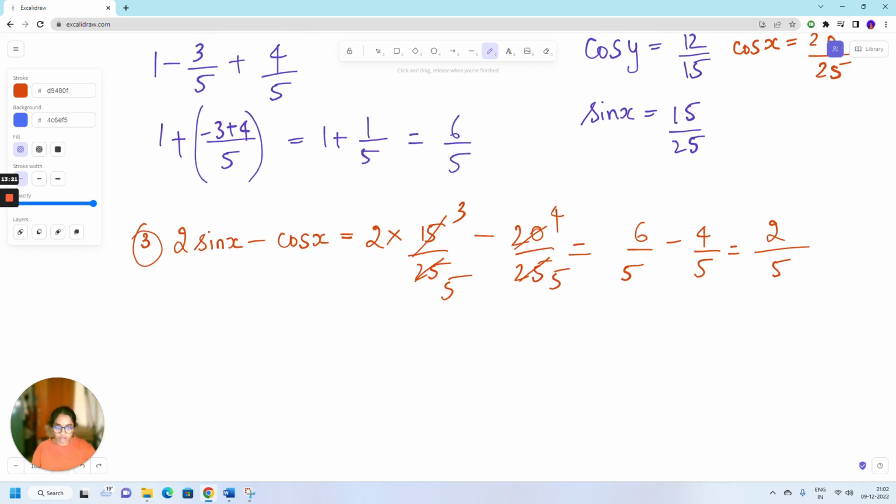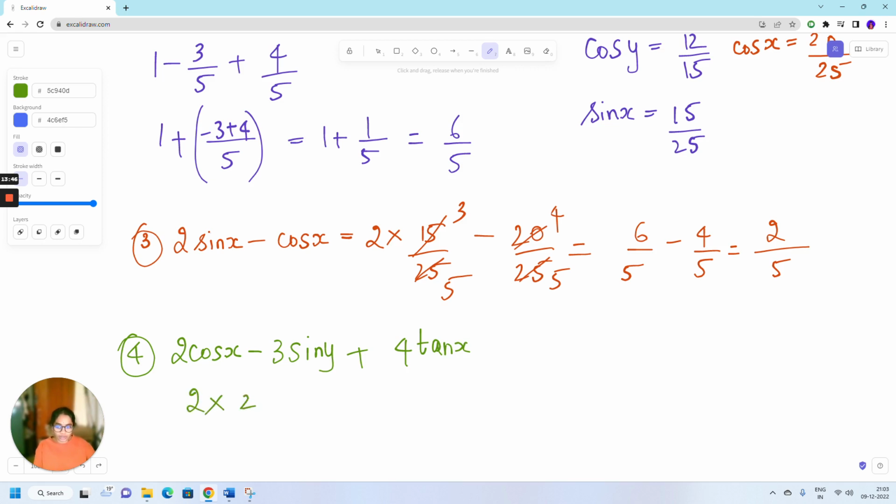This was the answer of the third one, 2 divided by 5. Let us try solving the fourth one, that is 2 cos x minus 3 sin y plus 4 tan x. Now what is the value of cos x that we got?